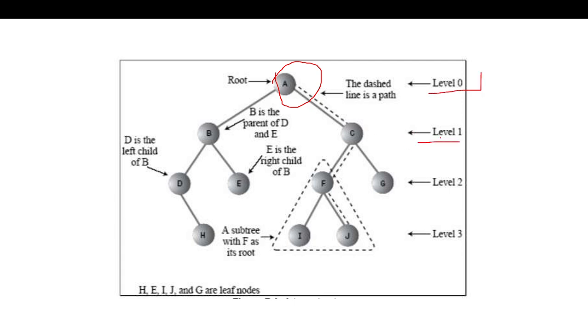Level 1 has two children, that is B and C. B is the parent of D and E, that is D and E are the children of B. D is called the left child and E is called the right child. Similarly, C has two children, F and G. So this forms a subtree with F as its root. So within a tree, we can even have subtrees.